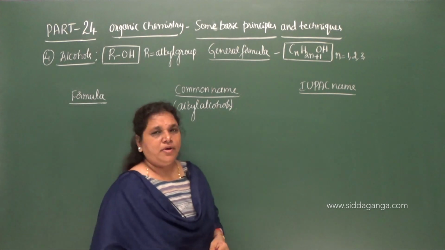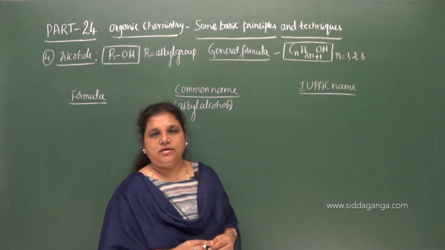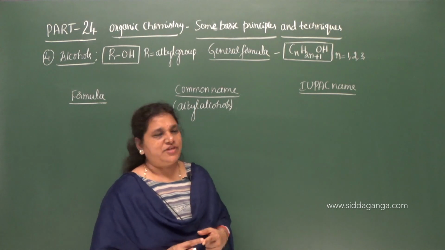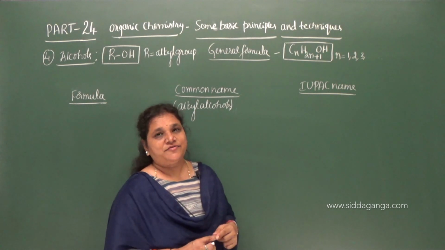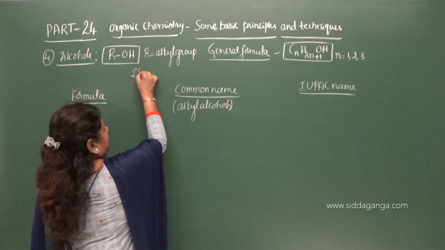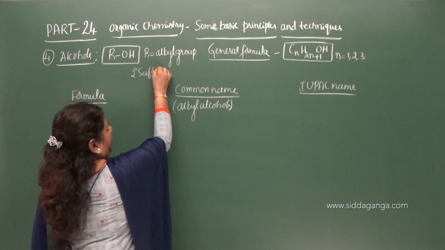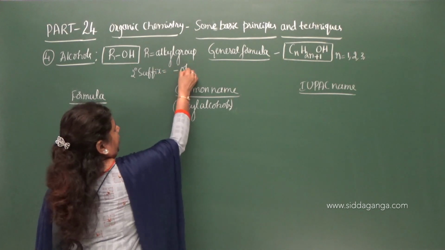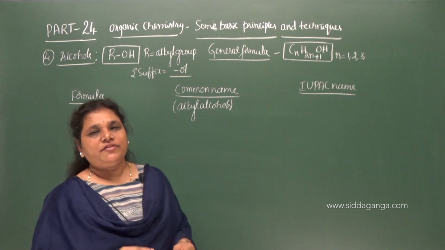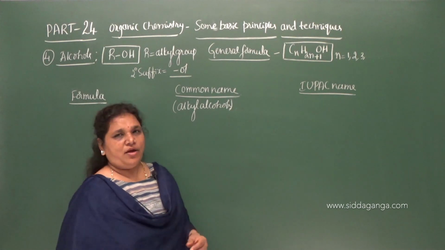And what about the IUPAC name? In the IUPAC name, alkane: alk is the root word, ane is the primary suffix, and as we know, the secondary suffix of the alcohol series is OL. Therefore, the terminal E of the ANE is replaced by OL.